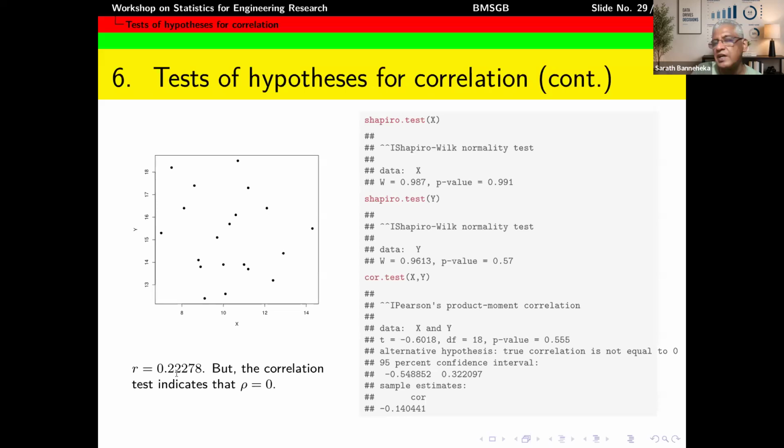That also indicates that there is no relationship between x and y in the sample. So in that kind of situation, when the sample doesn't indicate association, then definitely in the population also there is no relationship.